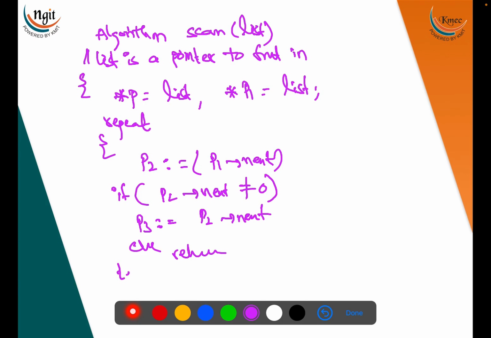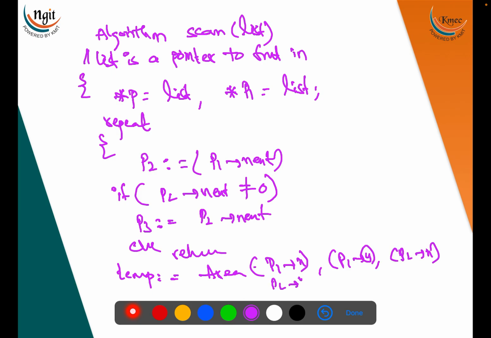Now we take a temporary value, finding the function area, that is p1 x, p1 y, p2 x, p2 y, p3 x, p3 y.